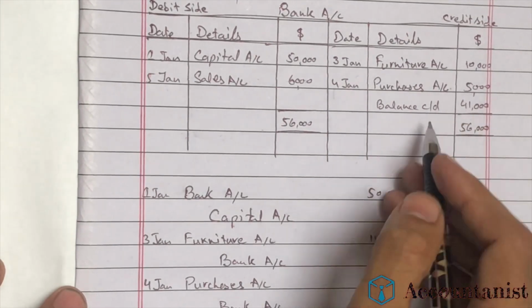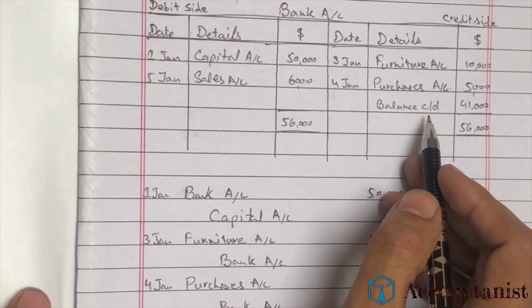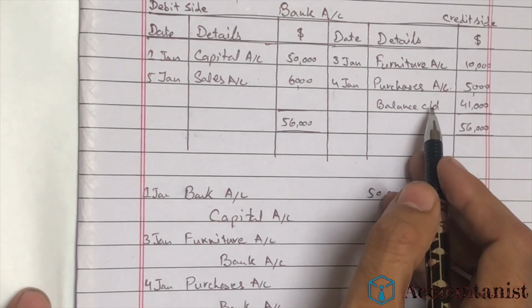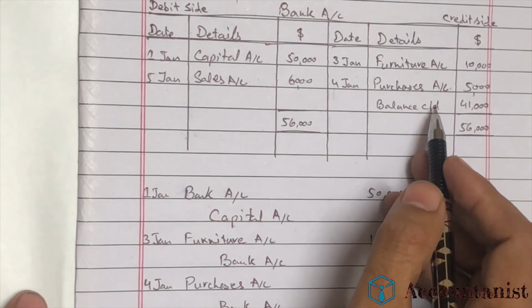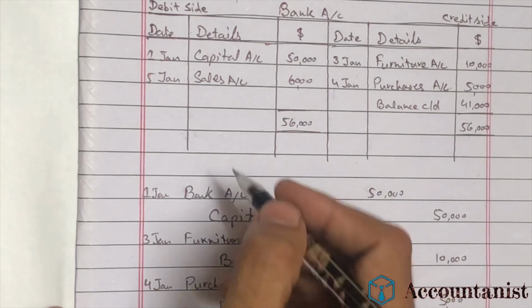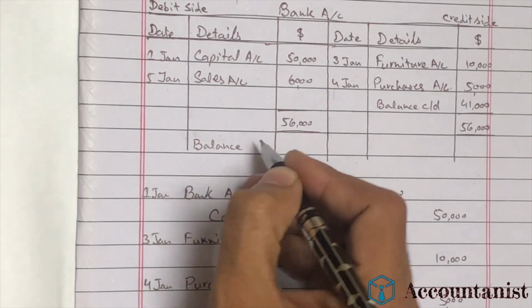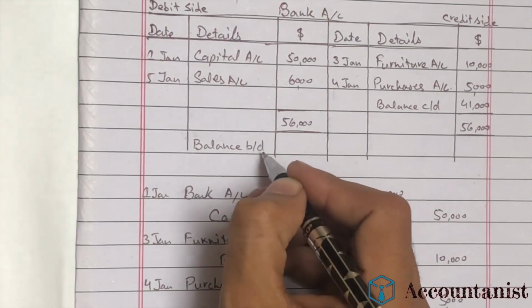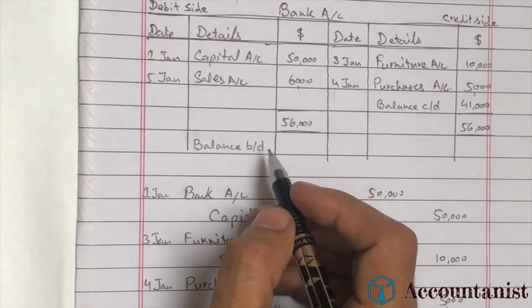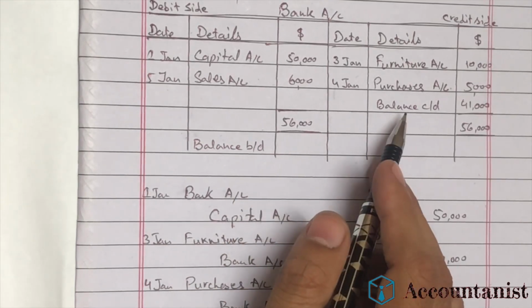Carried down means it is the closing balance that we are going to carry from this period, and we are going to transfer it to the next period. So in the next period we are going to write down this balance as balance brought down. Brought down means that we brought this balance down from the previous period.